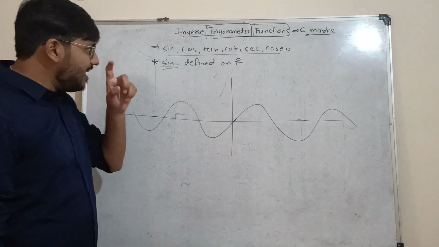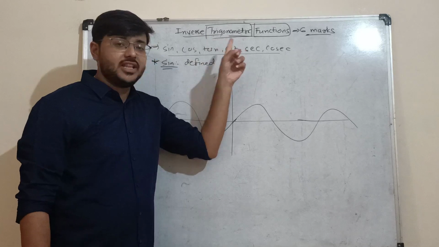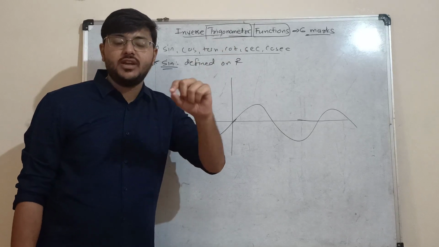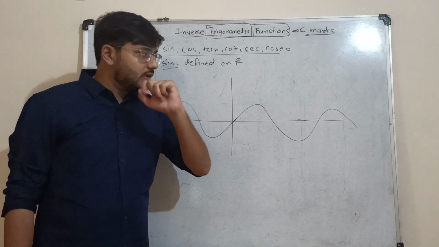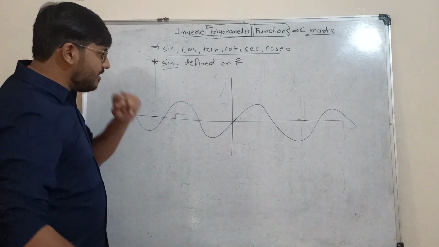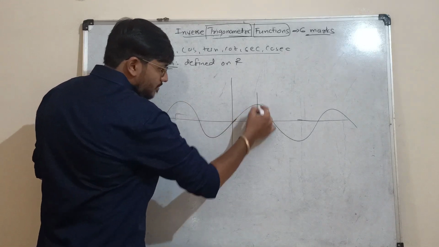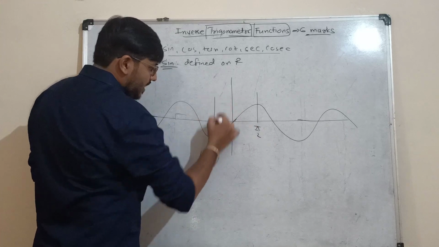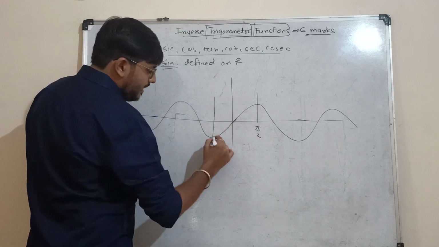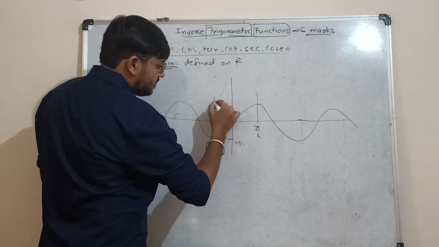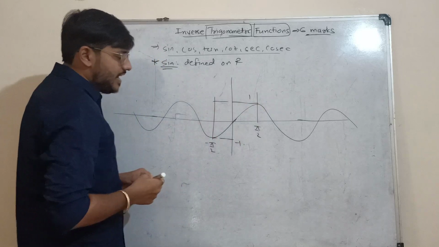But as we discussed, an inverse function can only exist if the function is one-one and onto, right? So now let's check some different intervals. If this line is pi by 2 and this line is minus pi by 2, at minus pi by 2 sine has the answer minus 1 and at pi by 2 sine has the answer 1.